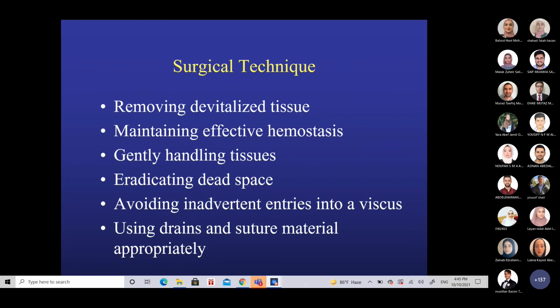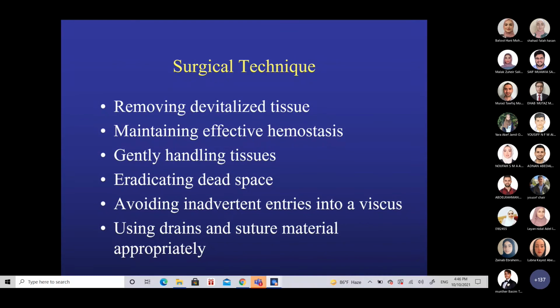And inadvertent accidents like entering a hollow viscus, contamination from outside, improper use of drains and sutures. Another important thing to mention is the access or procedure type. You can do open and you can do laparoscopic surgery. The same surgeries are done with the same steps but with different techniques.